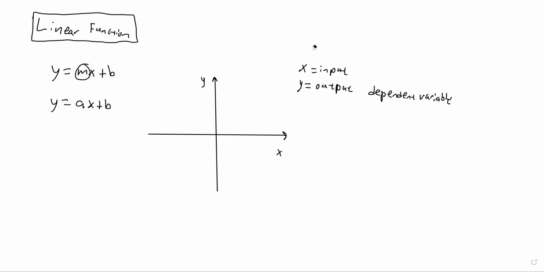I'm second guessing myself. Yeah, it is dependent. It's dependent on whatever the input is going to be, x. Well, x is independent. x is independent. It is not dependent on what y is going to be.